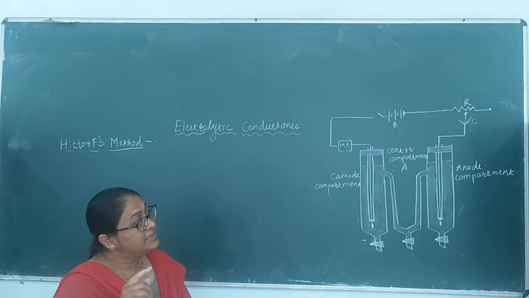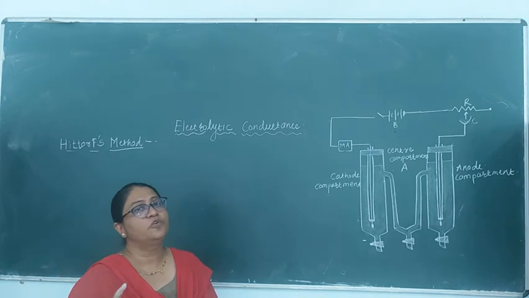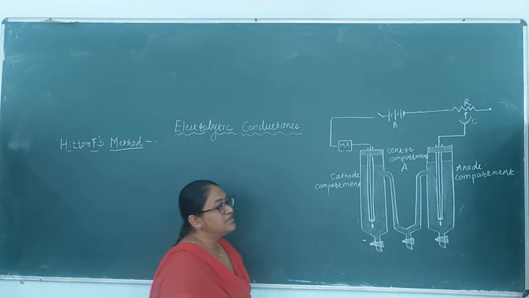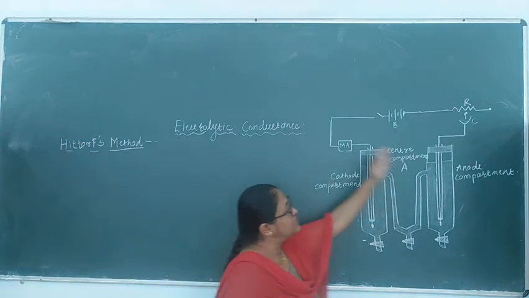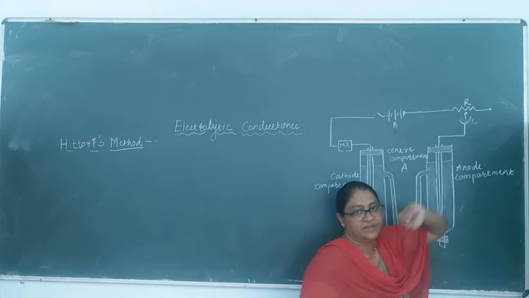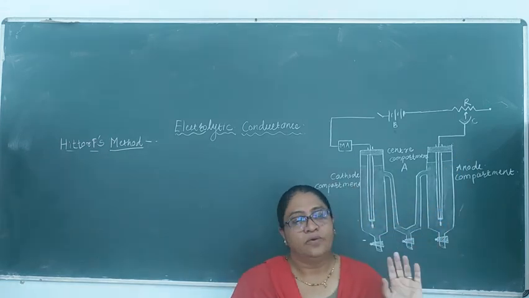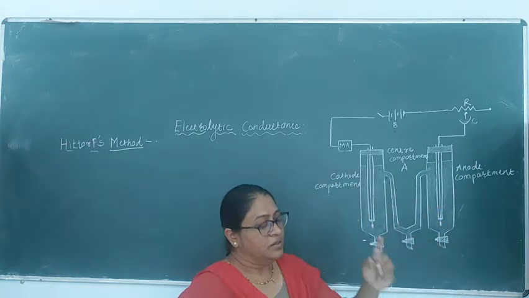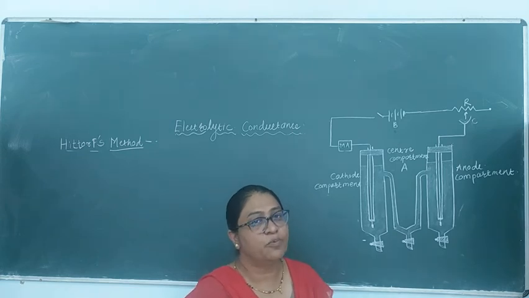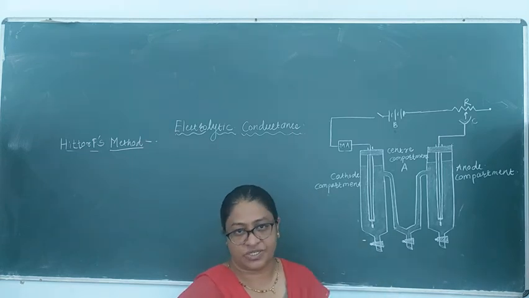This coulometer is useful for precise work. When we pass a certain amount of electricity through the cell, the same amount of electricity is passed through the coulometer. Therefore, when you pass the electricity, the silver is deposited on the platinum dish.